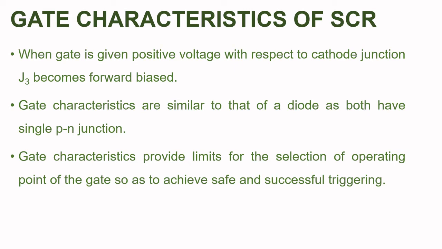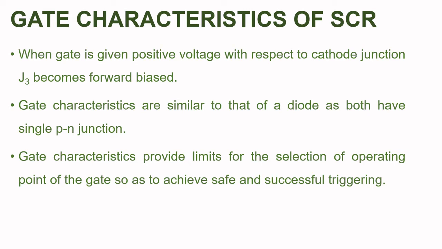Now, since this is a single junction which is getting forward biased, the characteristics of the gate can be said to be similar to that of a PN junction diode. And indeed it is. The gate characteristics are similar to that of the diode as both have a single PN junction.